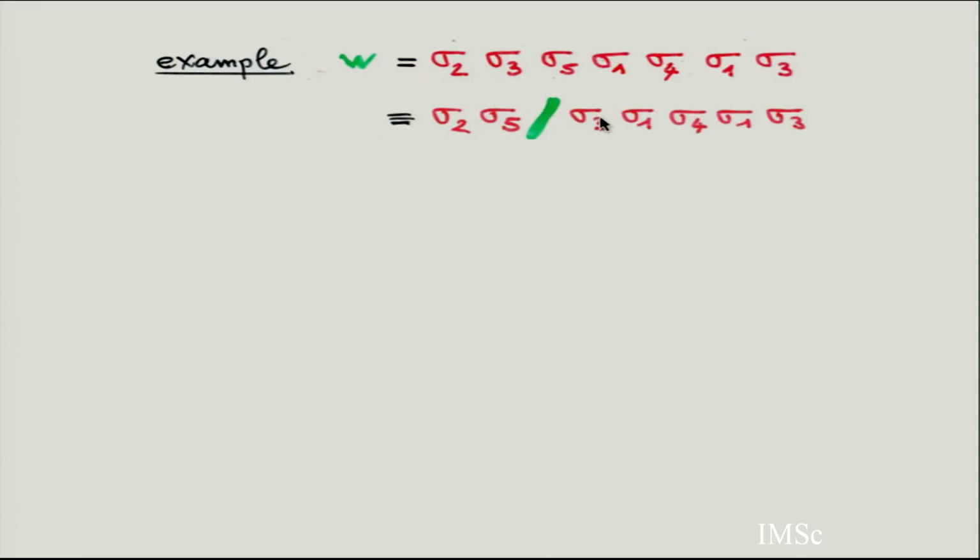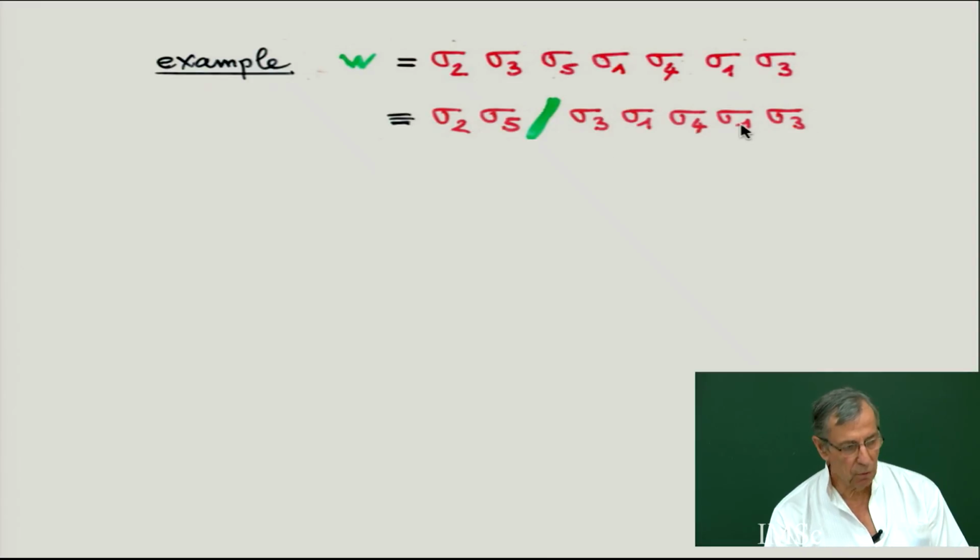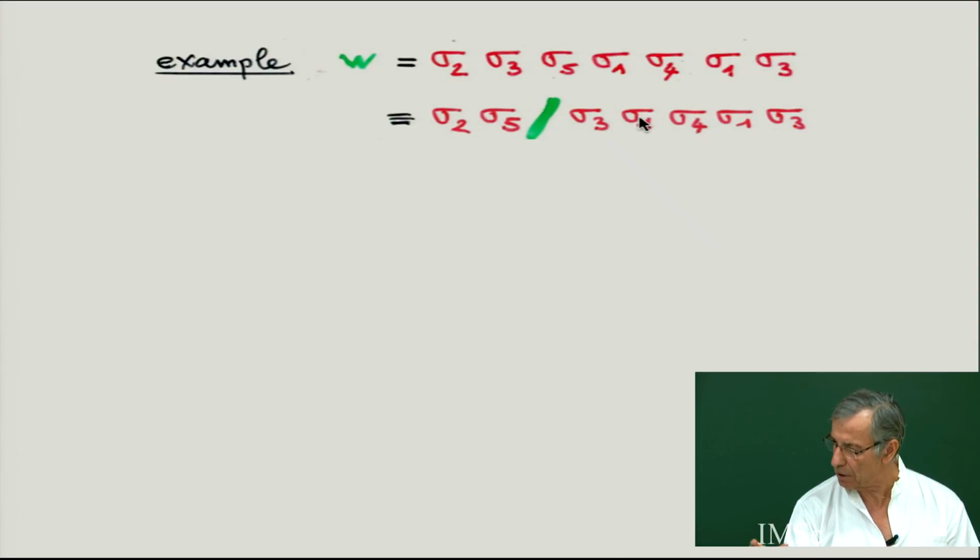Okay, so now you have this word. What are the letters you can put in first position? Sigma 3, sigma 1, because the difference between 3 and 2 is 1. Sigma 4 is impossible, because it's close to sigma 3. Sigma 1, no, because it's going to hit sigma 1. Remember, sigma 1 does not commute with sigma 1, and the difference is 0.